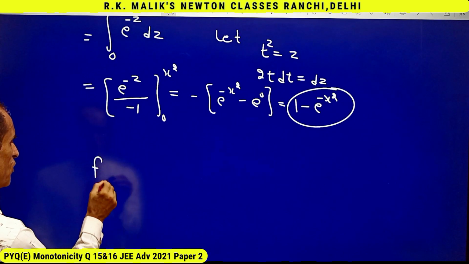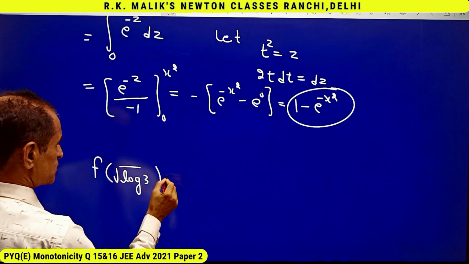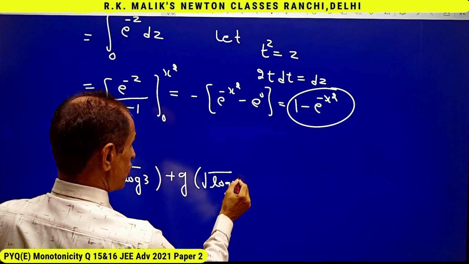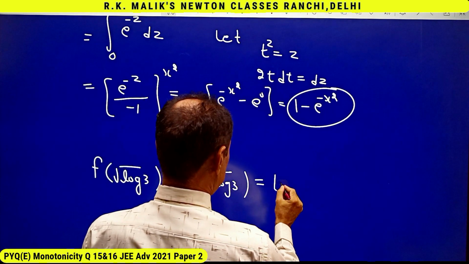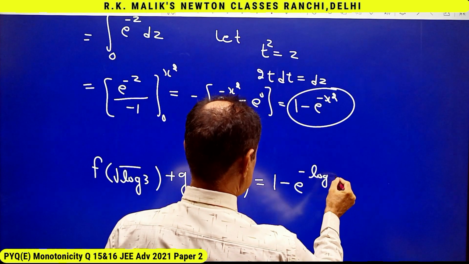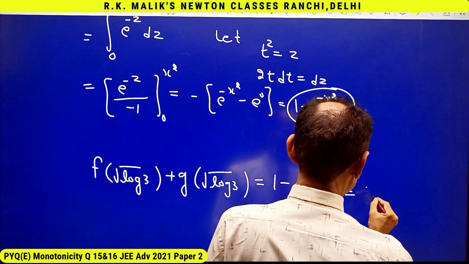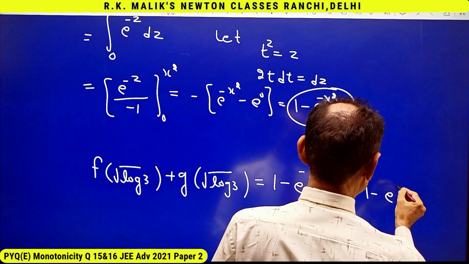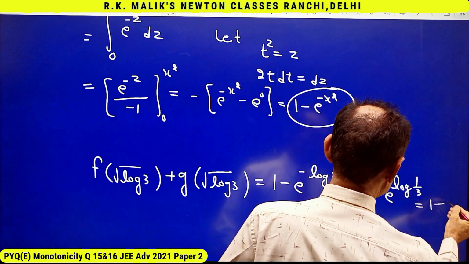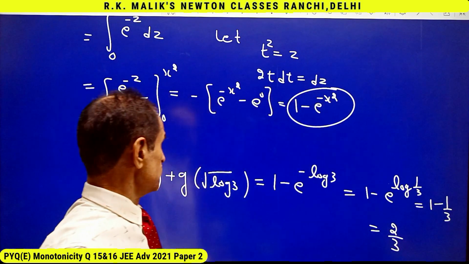Therefore, f(√log 3) + g(√log 3) is equal to 1 - e^(-log 3). That is equal to 1 - e^(log(1/3)), equal to 1 - 1/3, which is equal to 2/3.